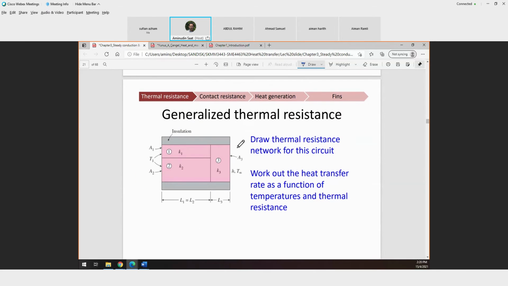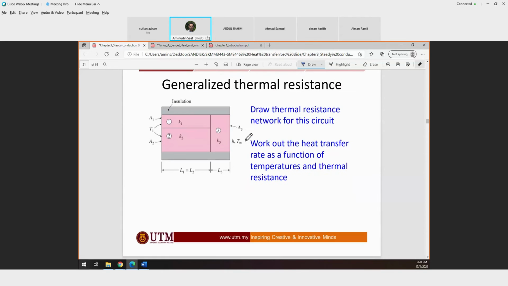Okay, so if you have multiple arrangements, like in this case you have parallel and you have series, you can simplify the system by simplifying the resistances into a thermal resistance diagram.